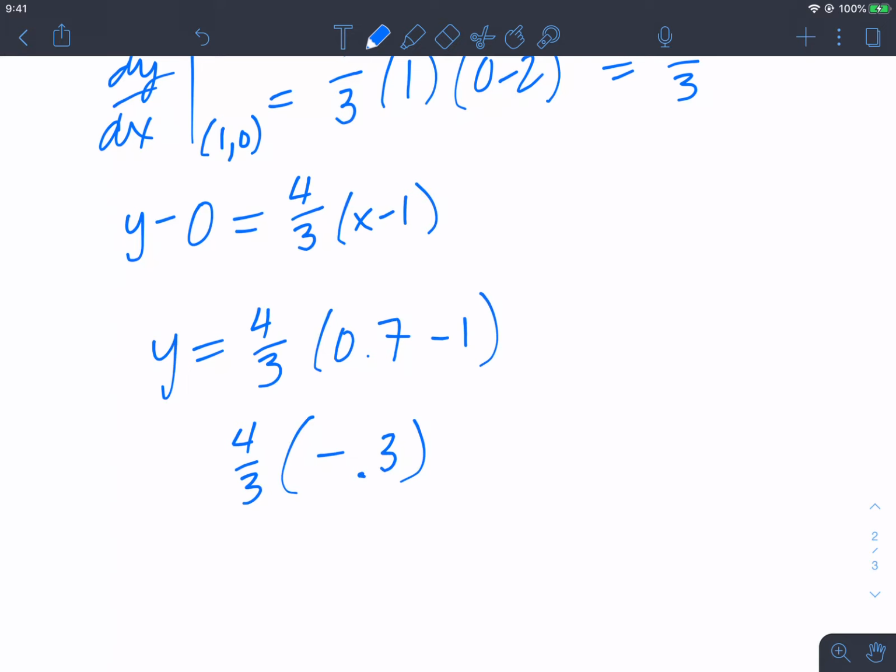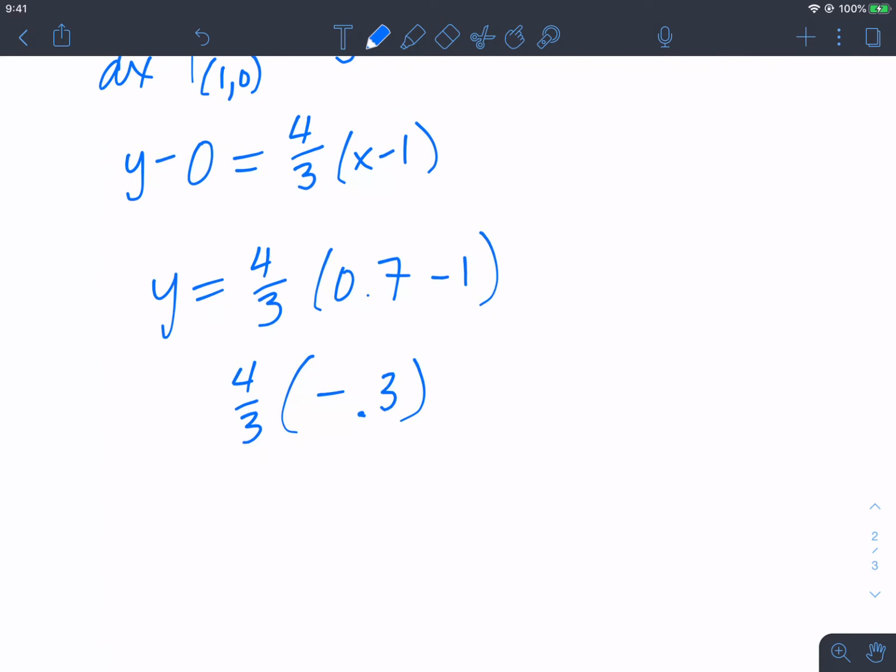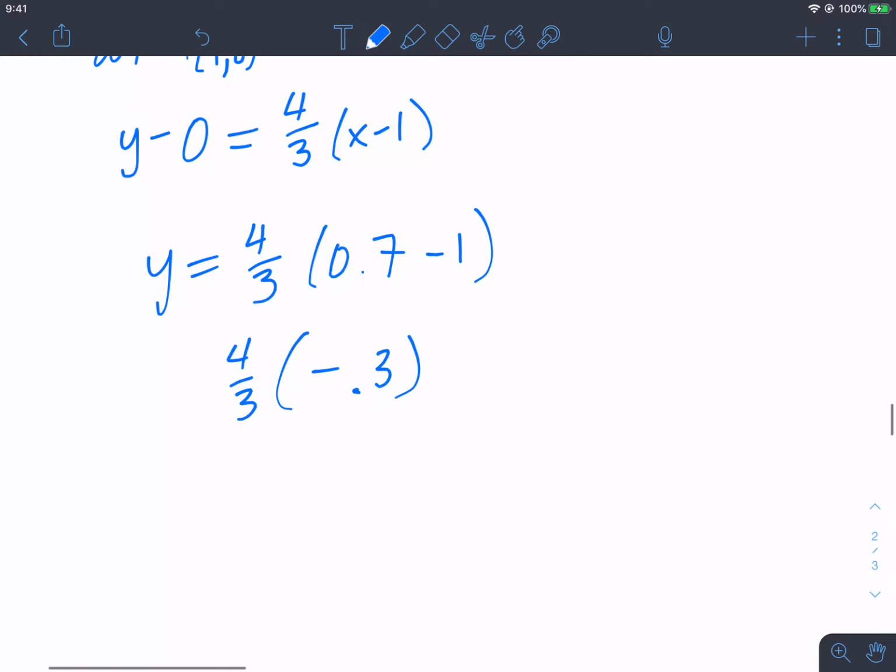Simplifying this, you've got a couple different choices here. I would multiply it just straight across, actually. Negative 1.2 over 3, which would be negative 0.4.